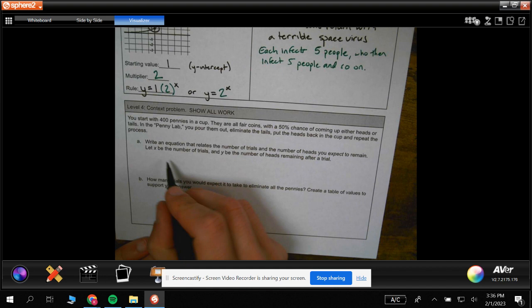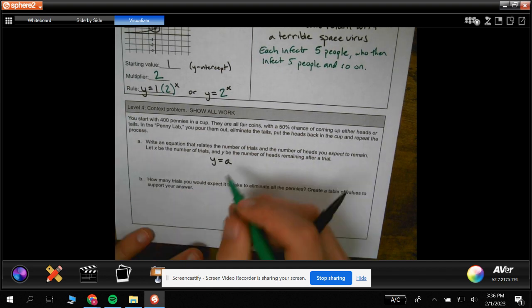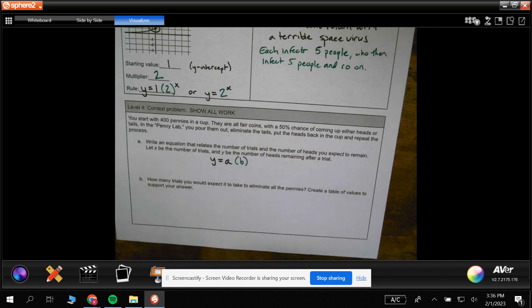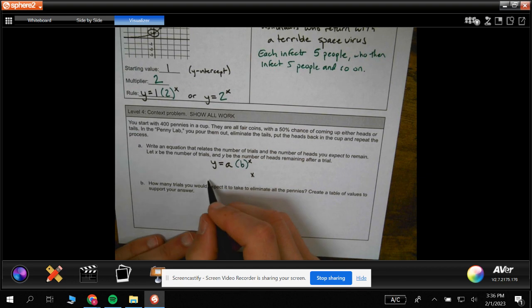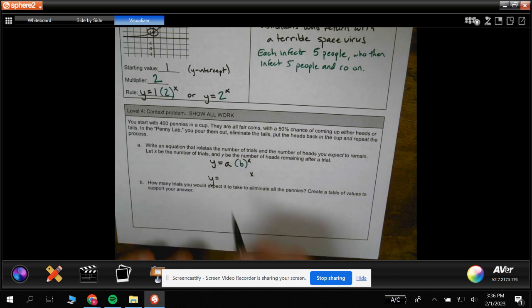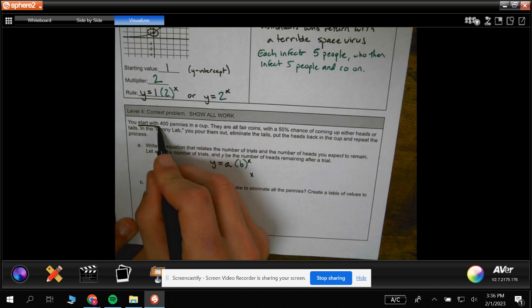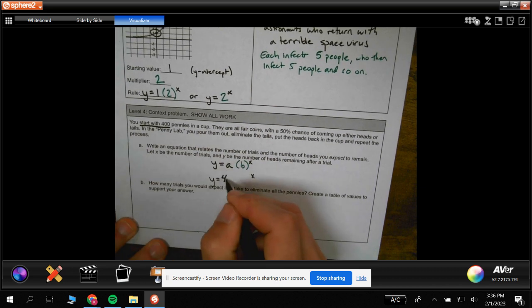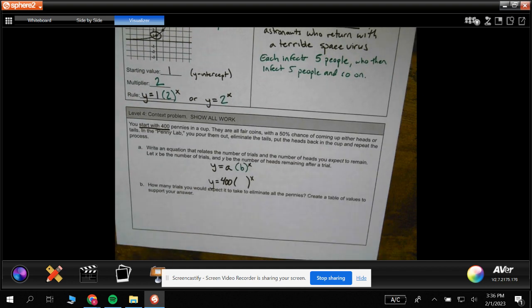This is the key. So somehow we have y equals a times b to the x power. Now x is the number of trials, and y is the number of heads. A is our initial value. So how many pennies are we starting with? It says you start with 400. Now, our multiplier.